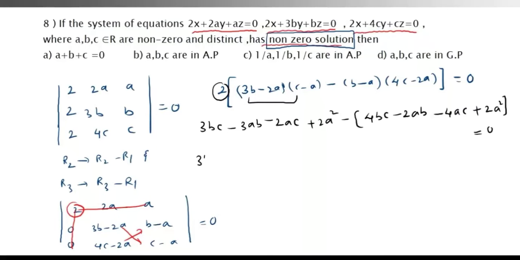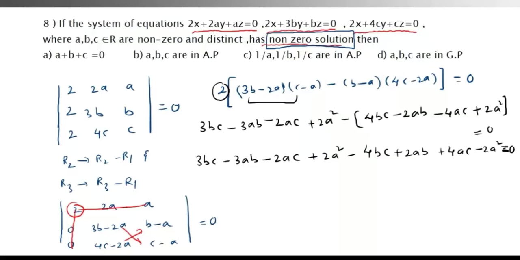So 3bc minus 3ab minus 2ac plus 2a square minus 4bc, multiplying with the minus, plus 2ab plus 4ac minus 2a square is equal to 0, right?